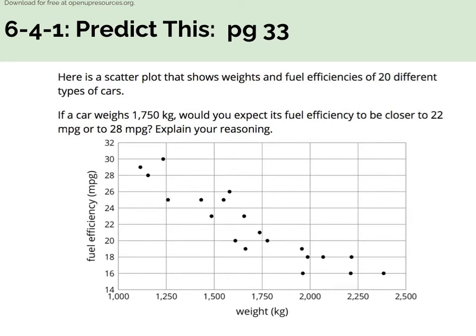So our answer is going to be more towards 22 miles per gallon, and the reason is that's where the data is. If it would have been 28, it should be way up here, right? And are there any points up here? No, there are not. So it does not work as far as the 28 miles per gallon.